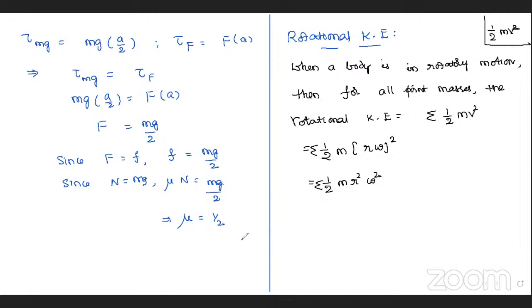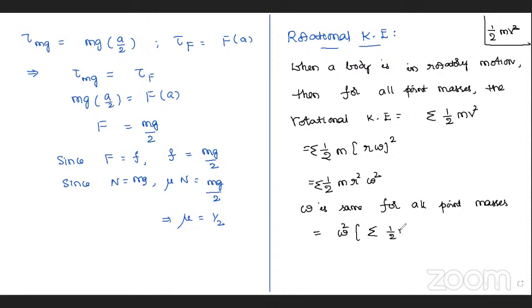Okay. Yeah. Here you have to understand. For all particles in rotatory motion, omega will be same. Okay. Angular velocity omega is same for all point masses. Then omega is taken out. What you are saying is 100% correct.